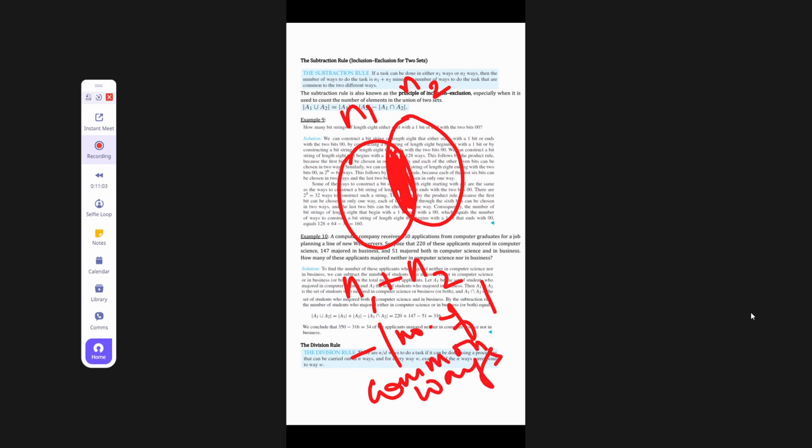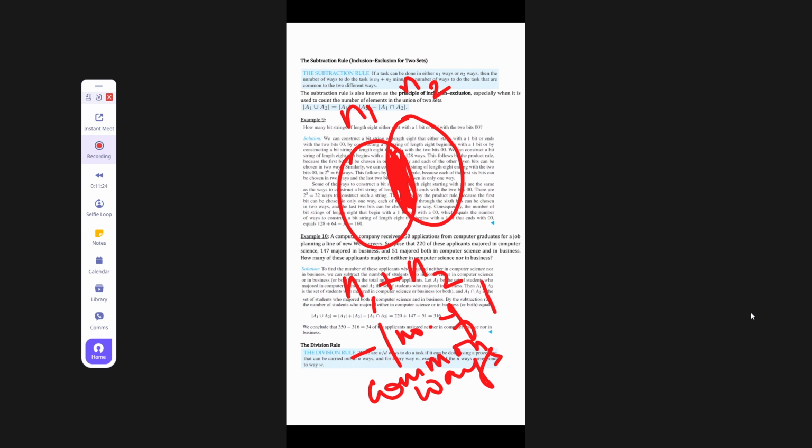common ways. If there is no intersection, then it is the addition rule, simply n1 plus n2, because this minus the number of common ways is effectively 0. So you will get n1 plus n2. But if there are common ways, then to prevent double counting, we have to subtract it.